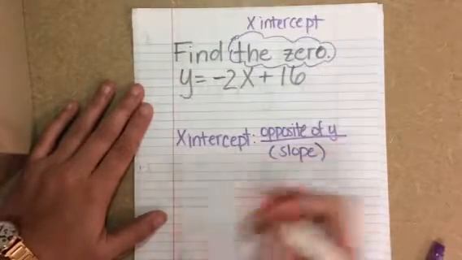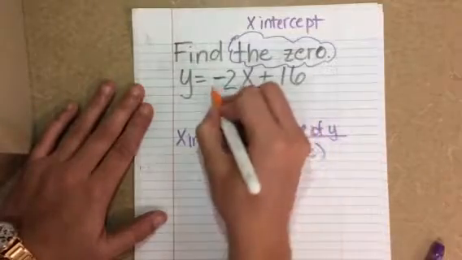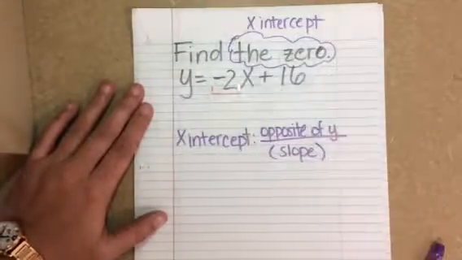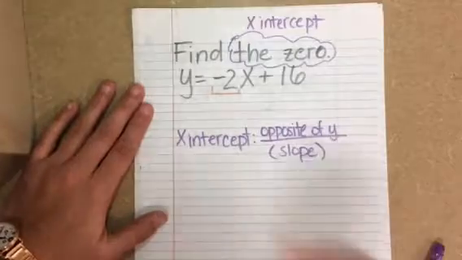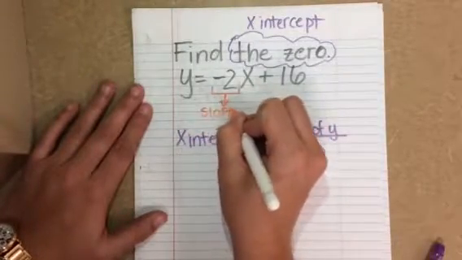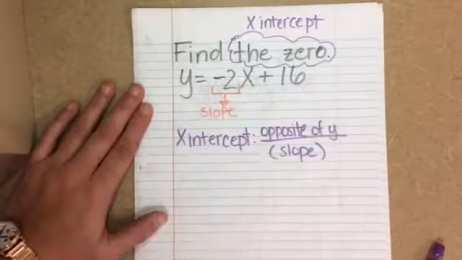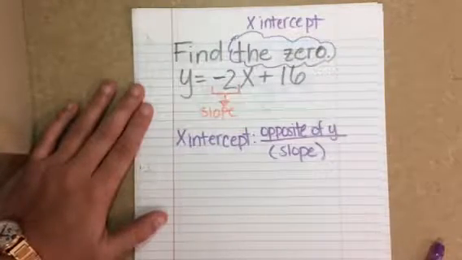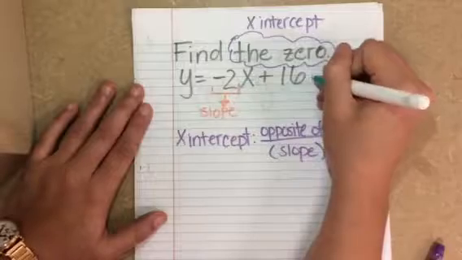You just have to identify what the y is and what the slope is. The slope is the term that has the x. So that -2, that is your slope. The one that has no variable, your constant, that is your y-intercept.